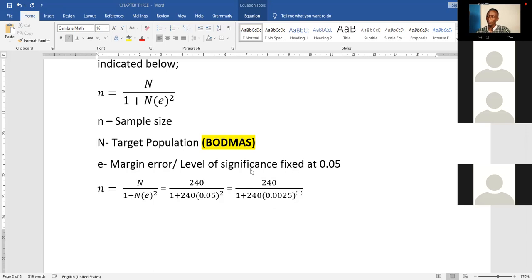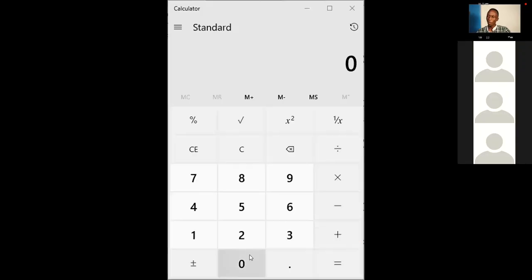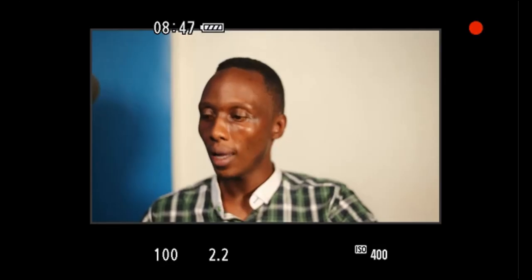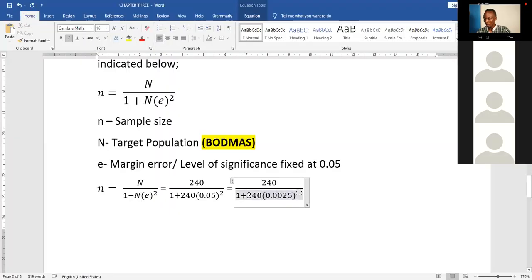We are going to get 240 multiplied by 0.0025. The answer is 0.6. So that means our answer is 0.6. We are going to put 0.6 here, and all these should go away because we have multiplied all of these to get 0.6.